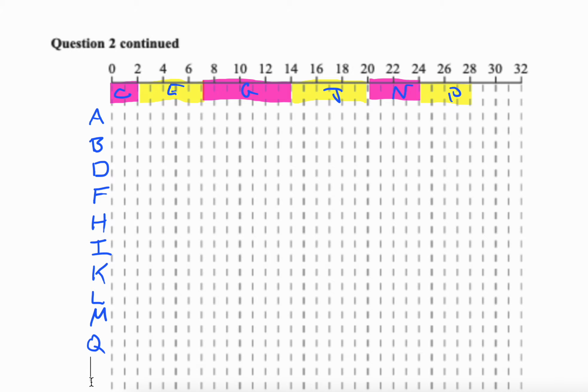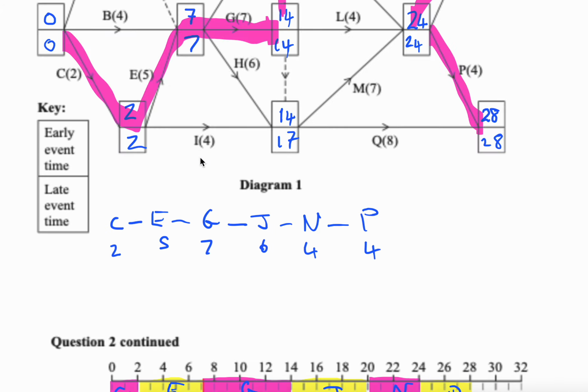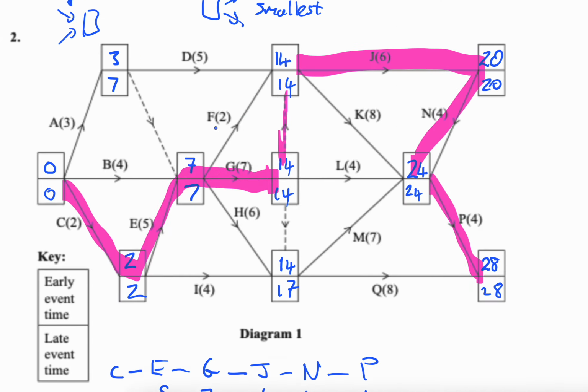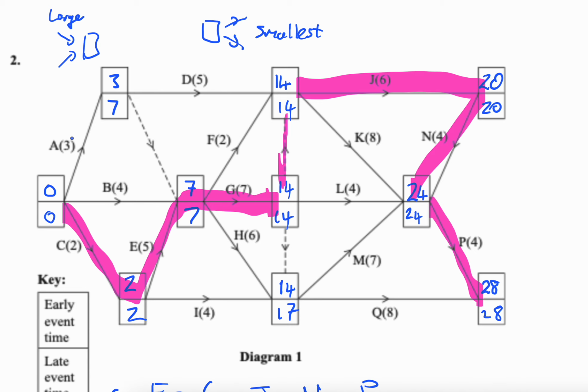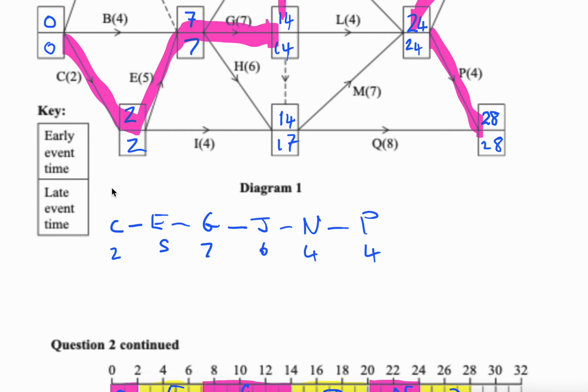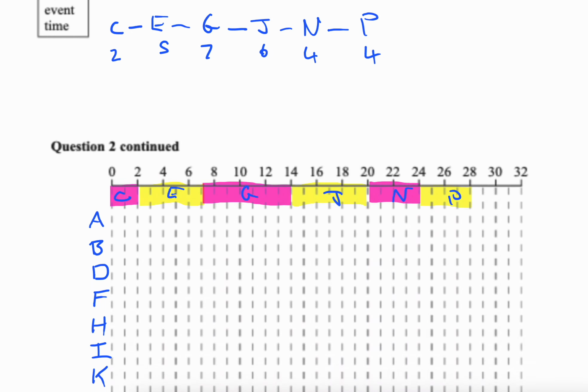Okay, so what is task A? A has a duration of 3 and a float of 7 minus 3, which is a float of 4. So I'm going to do the durations in yellow, and the float in blue.